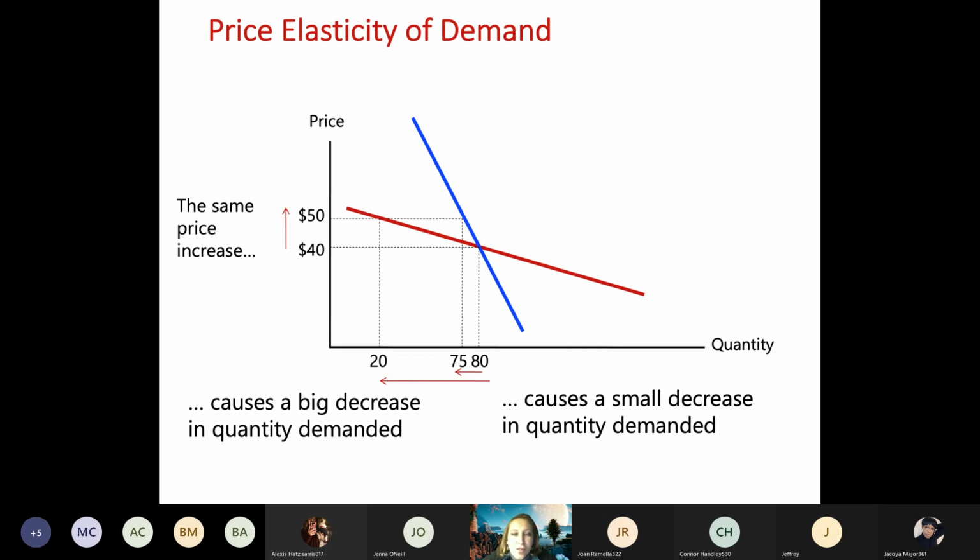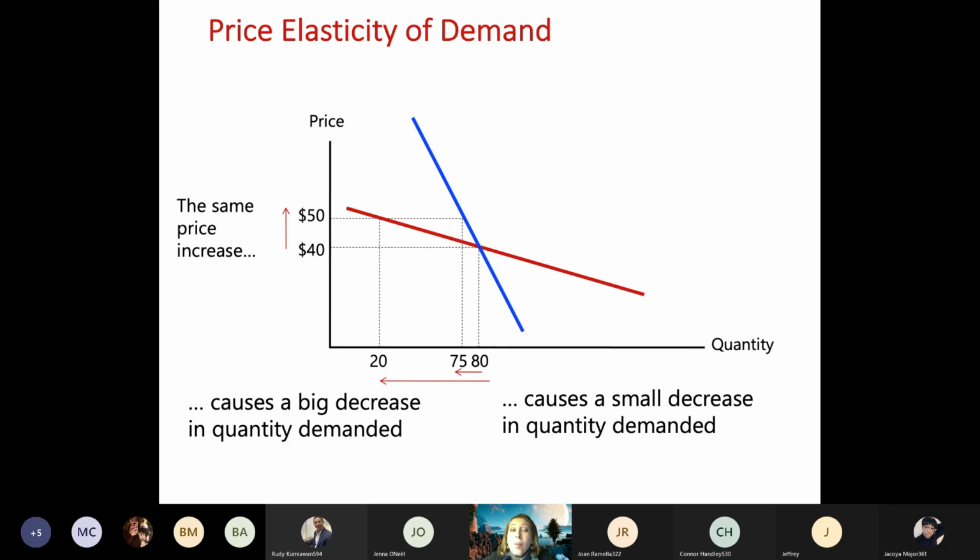So the blue curve: in both cases, price increases from $40 to $50. This could be the price of, say, a fancy hat. At $40, 80 hats are sold. I'm looking at the blue curve, right?